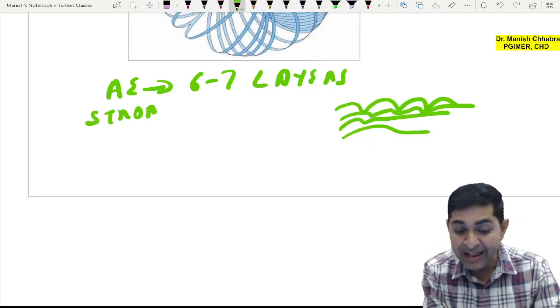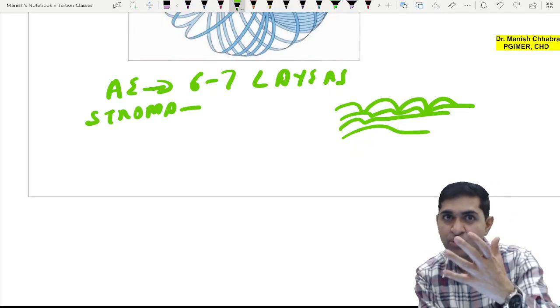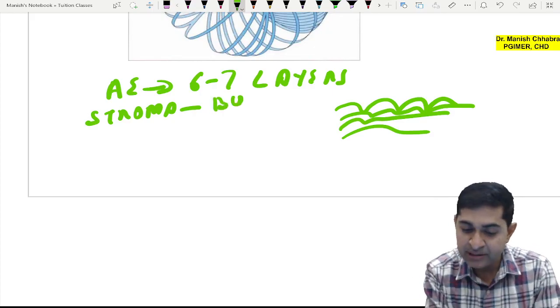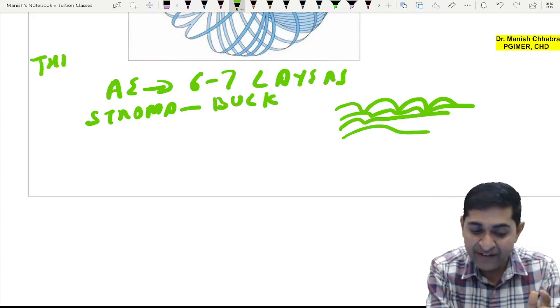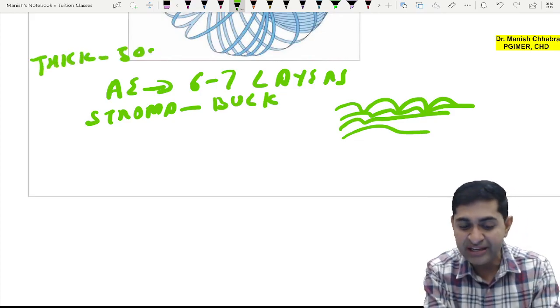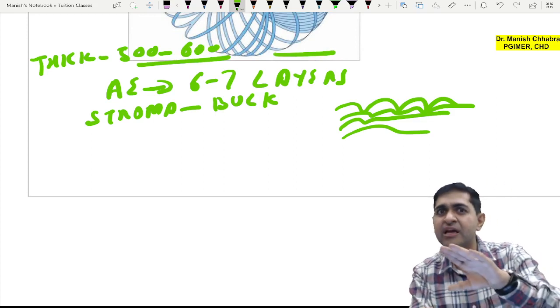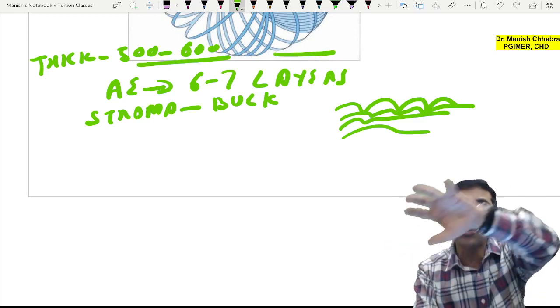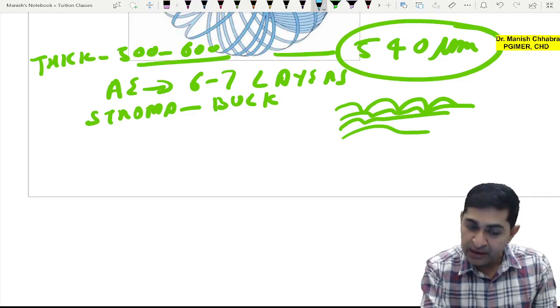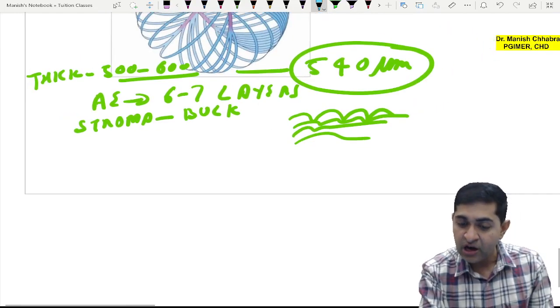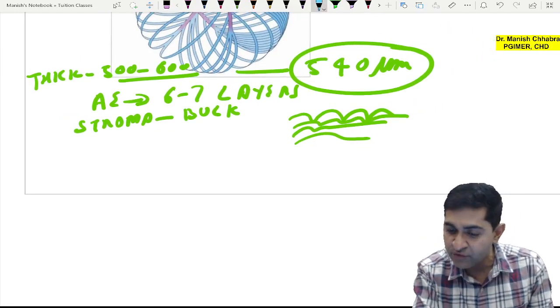Stroma forms the bulk of the cornea. Bulk means, what is the average thickness of the cornea? The average thickness of the cornea is 500 to 600 microns overall, but if we calculate the thickness in the majority of the population, it comes down to nearly 540 micron. Now my next question to you is, how do we measure the thickness of the cornea?